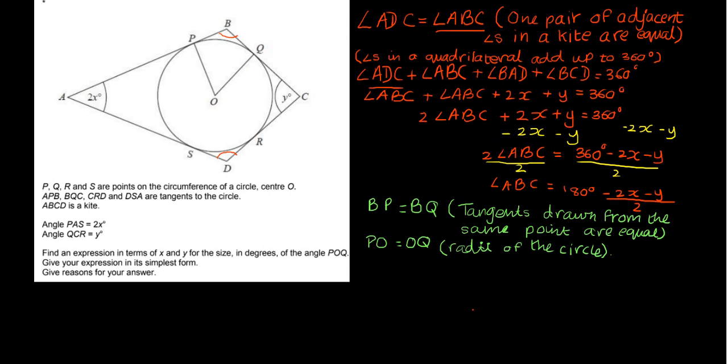So OPBQ is a kite, because it has two pairs of adjacent sides equal.